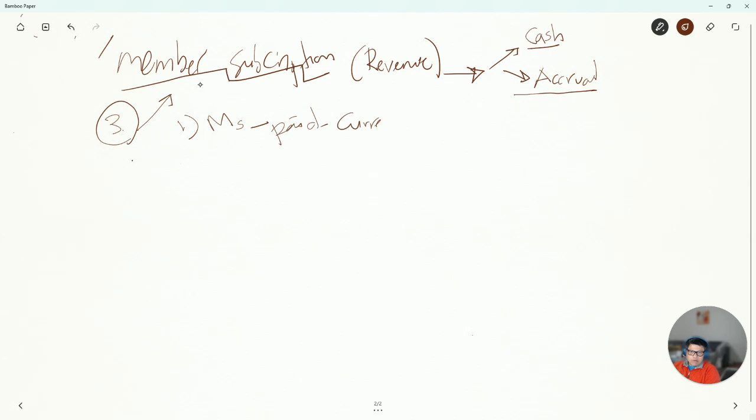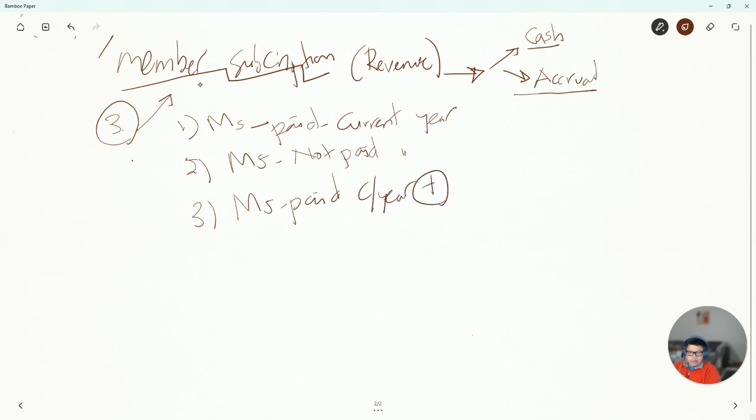Three, members pay for the current year plus future years. So there are three possibilities for revenue recognition.